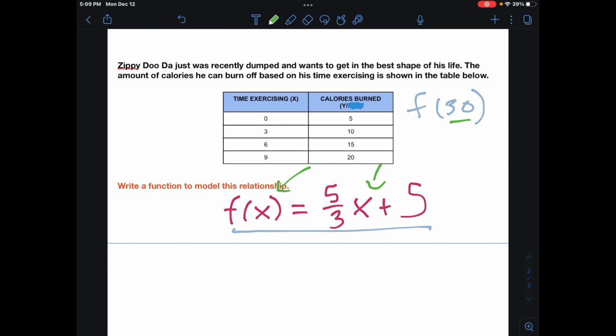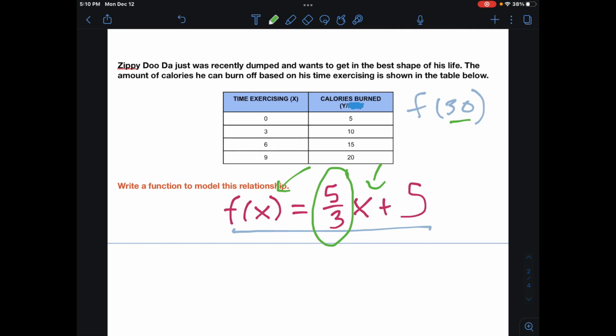Now on to the rate of change. The rate of change, once again, is represented by our slope. So it would be 5/3, and it is constant, as we already verified. So we have confirmed that it is indeed a linear function, and it would create a linear graph if we were to graph it.